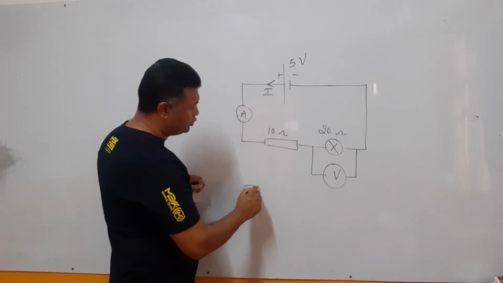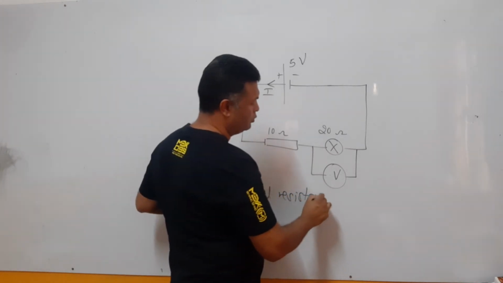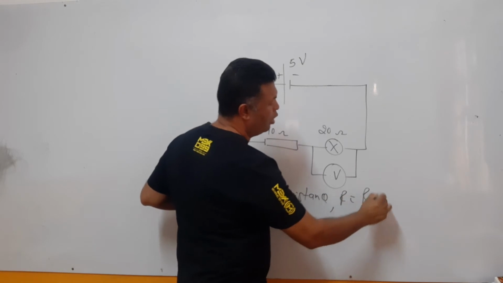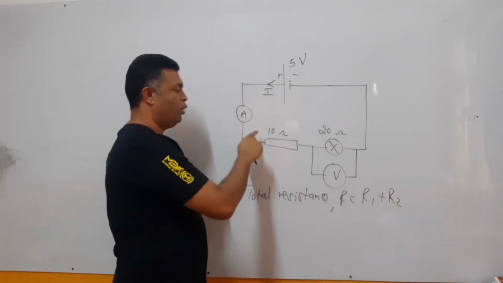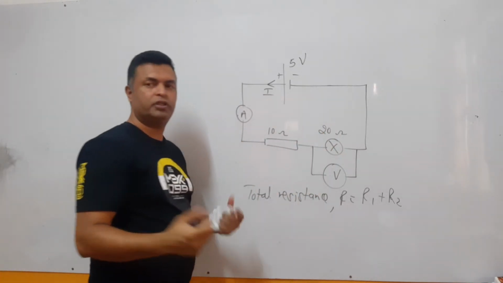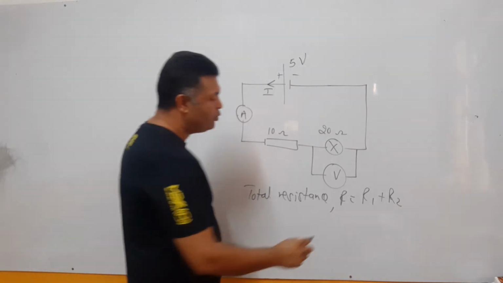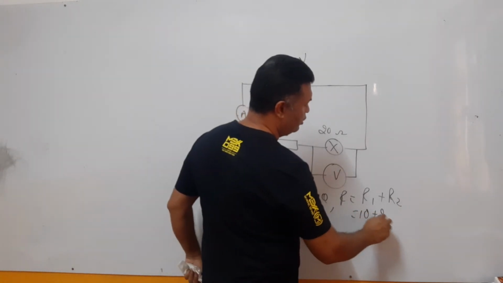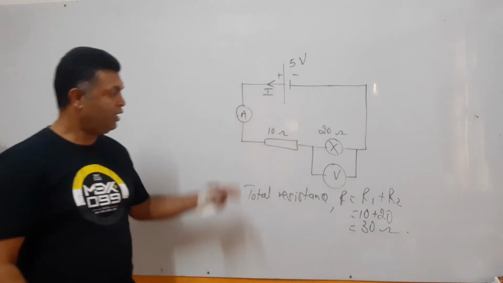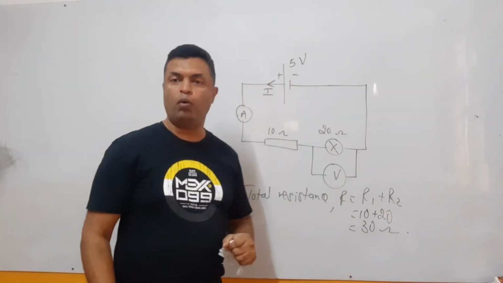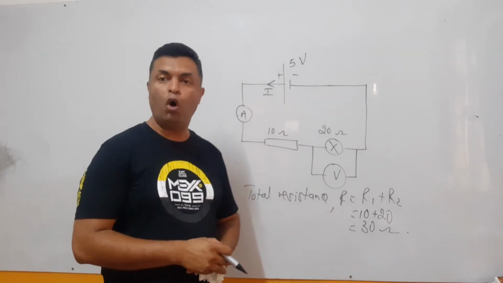So, the total resistance R equal to R1 plus R2, because I have two resistors, one 10 ohm, one 20 ohm. Even the bulb has a certain resistance, so it is 20 ohm. Here you get 10 plus 20, giving me 30 ohm. So you have in series R equal to R1 plus R2. These two are in series. You get a total of 30 ohm.